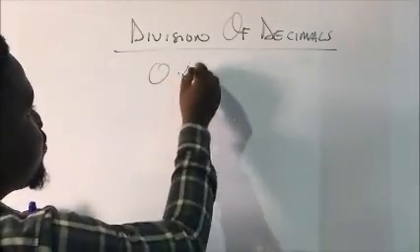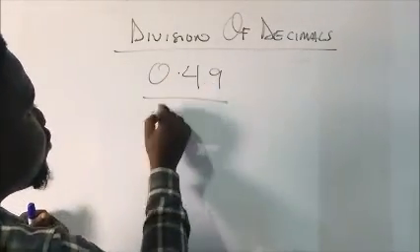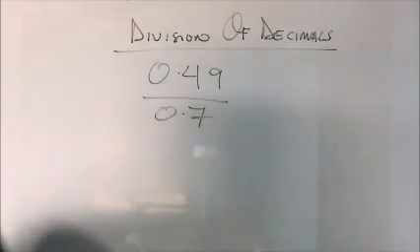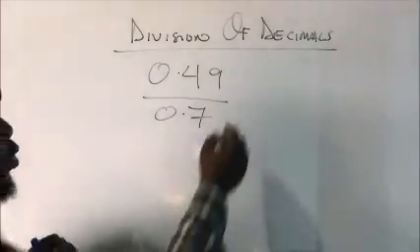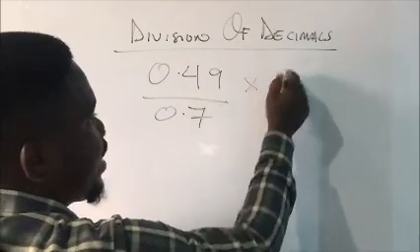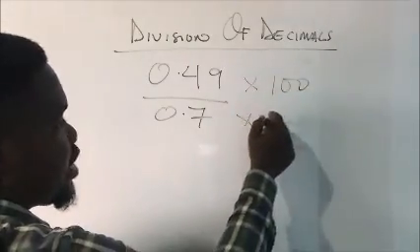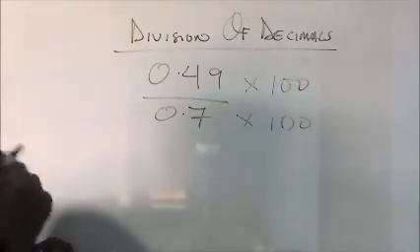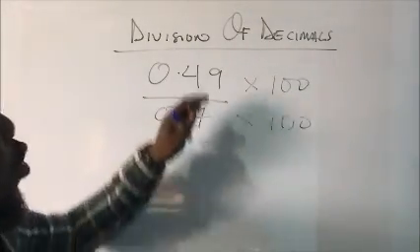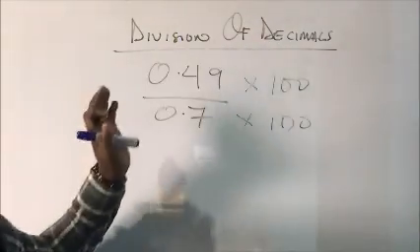If you have 0.49 over 0.7, the first thing is to change it to whole numbers. So you multiply the top by 100, and multiply the down by the same thing. Don't do different. Don't say this is only 1 decimal place, so only 10. No. You choose the highest for both of them.